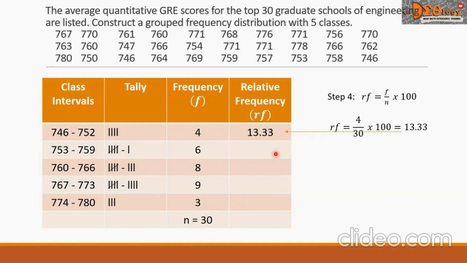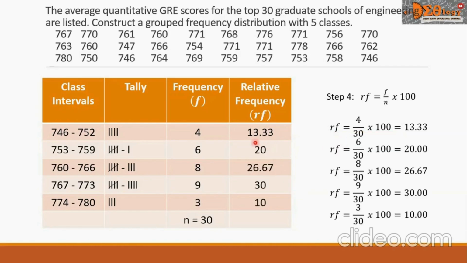So let us complete the remaining blanks using our formula. This number 20 comes from 6 divided by 30 times 100. 26.67 comes from 8 over 30 times 100.